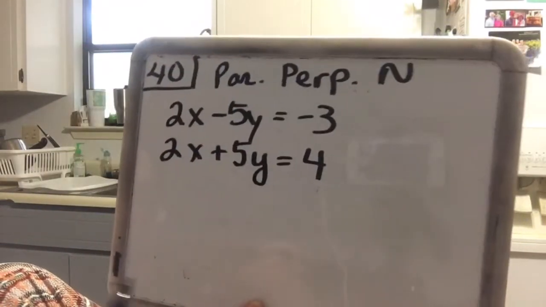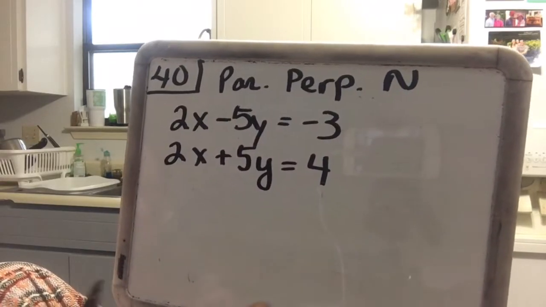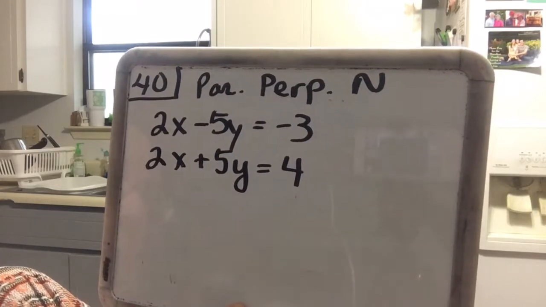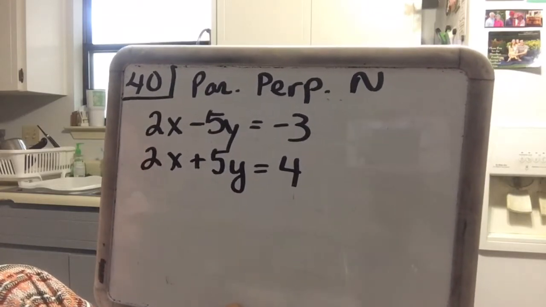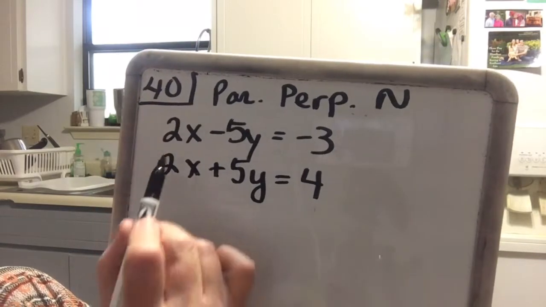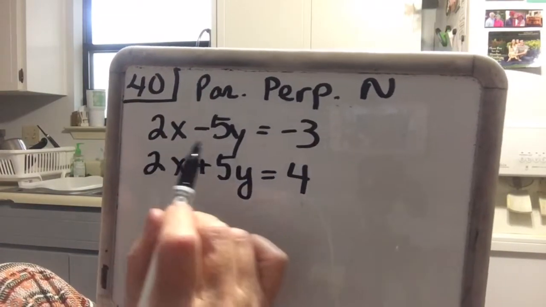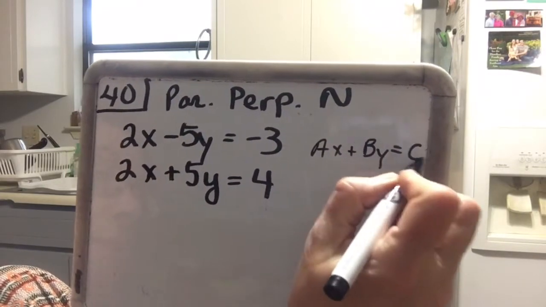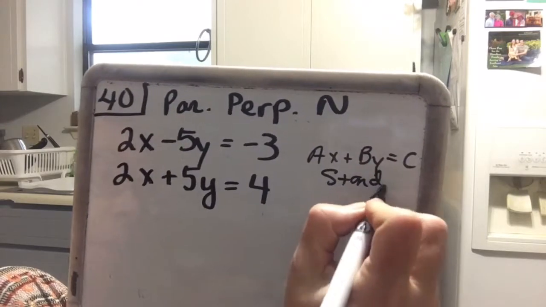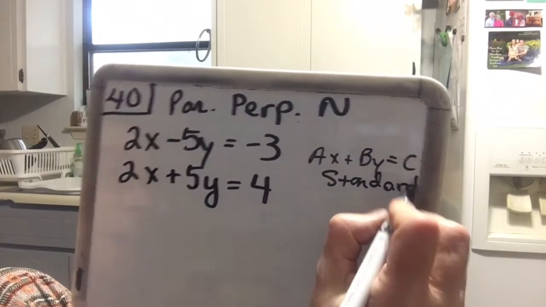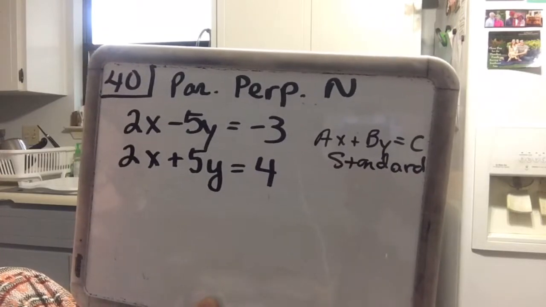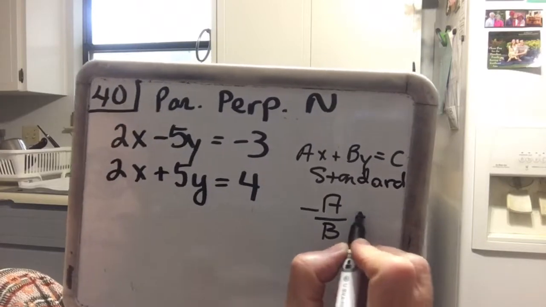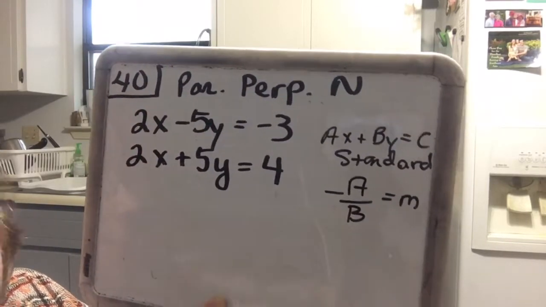Okay, so when I look at this, I can turn each one of these into its slope-intercept form, or I can remember the little trick I showed you: when you have something in standard form, ax plus by equals c, it is very easy to find its slope if you remember the slope is negative a over b. That will always be your slope if it's in standard form.